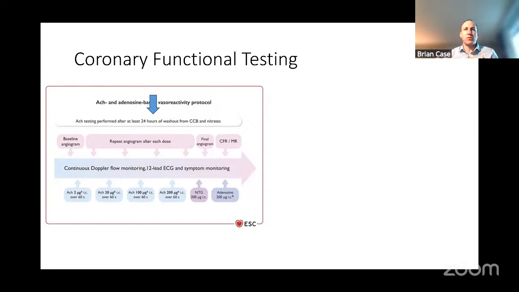We know the benefits of radial access for our patients in minimizing bleeding complications. The only issue is that we give radial cocktails, verapamil, nicardipine, or a combination with nitroglycerin. If it's a planned coronary functional test, I would recommend trying to avoid calcium channel blockers in your cocktail.